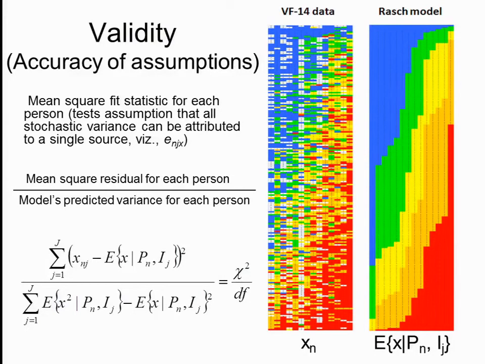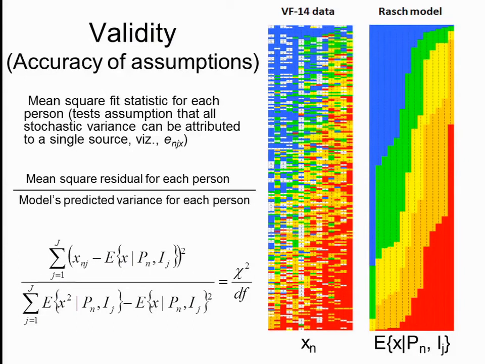And the equation below it is just putting in more attractive notation what it says in words above it. So we have the actual observations, which are on the left. We have the expectations, which are on the right, which are generated by the model after we've done the maximum likelihood estimation.